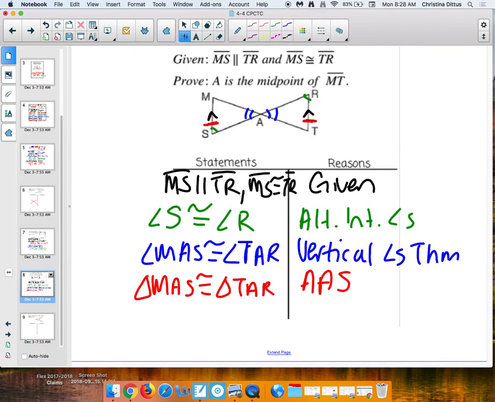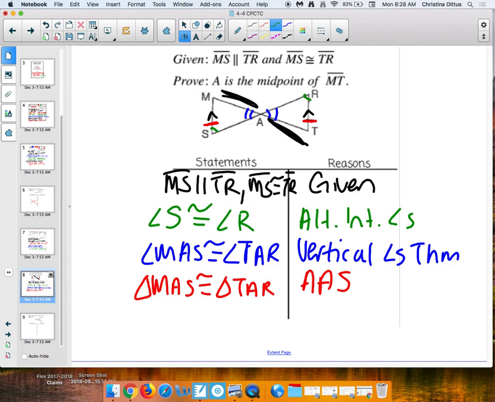Let's look at what this says. A is the midpoint of MT. What does it mean to be a midpoint? To be in the middle. If you were given A as the midpoint of MT, what would you say?